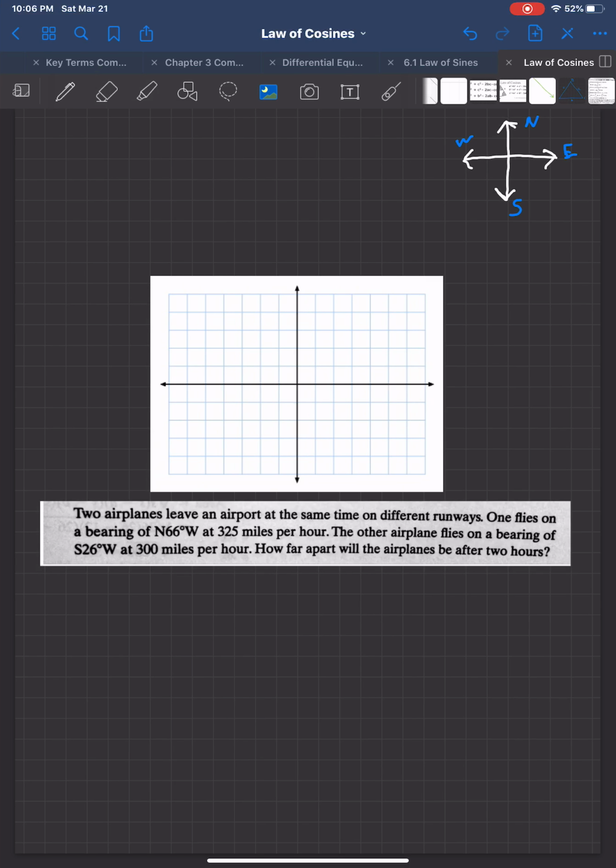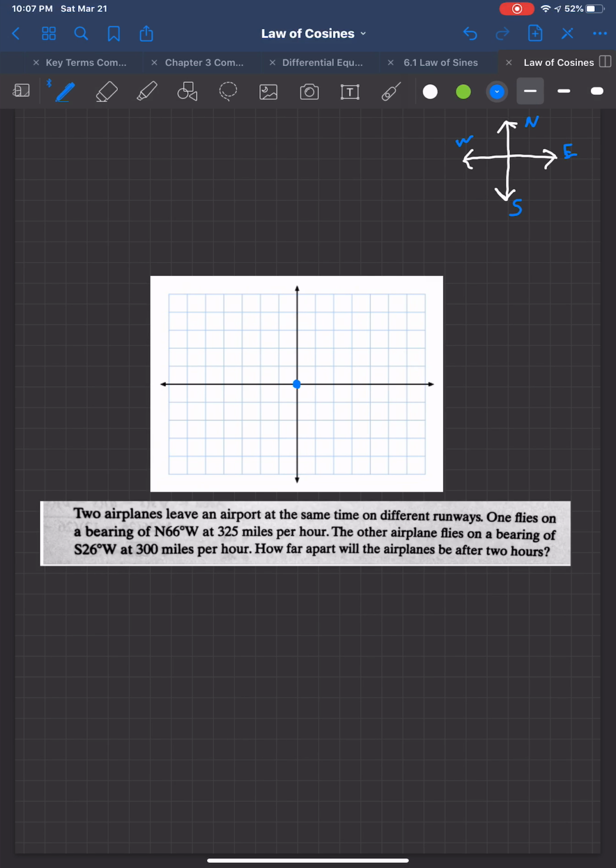So we have 2 airplanes that leave an airport at the same time on different runways. Okay. So I don't like to read the problem in its entirety. I like to stop at periods and make sure I understand. So if I have 2 airplanes and they both leave at the same time on different runways.